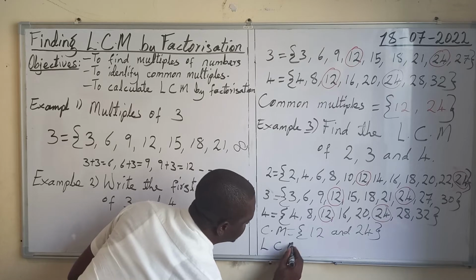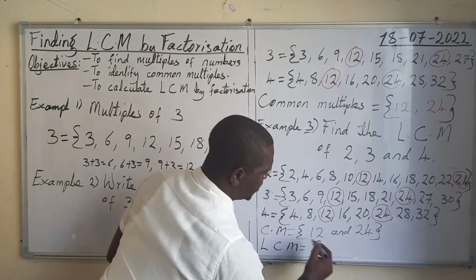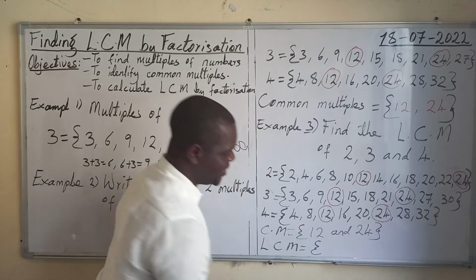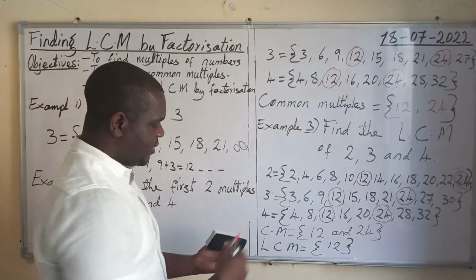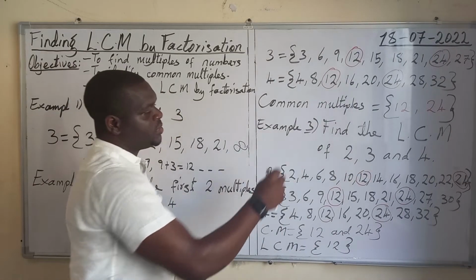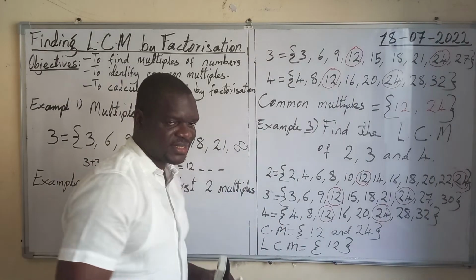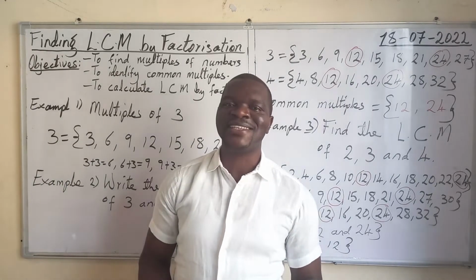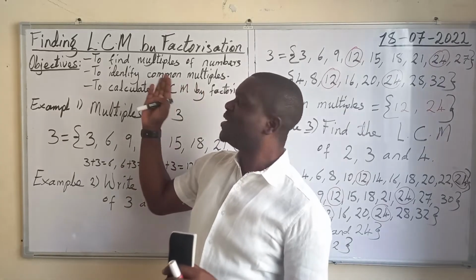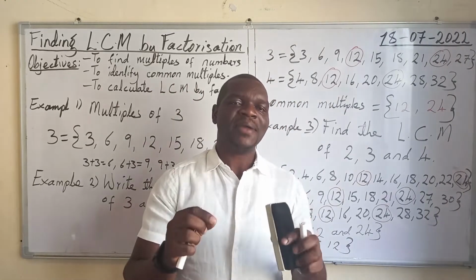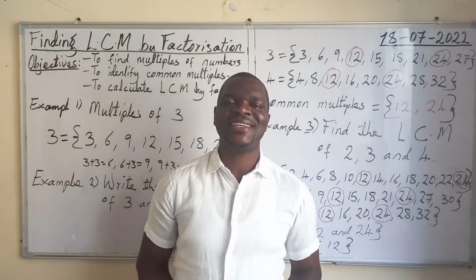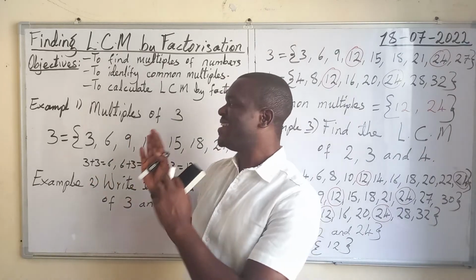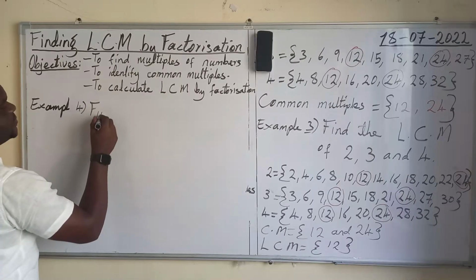Lowest common multiple will be, if you look at these two, the lowest there is 12. That is that for the lowest common multiple by this means. Our focus, which is why we are here today, is to find the lowest common multiple by means of factorization. So let's look at the next example.